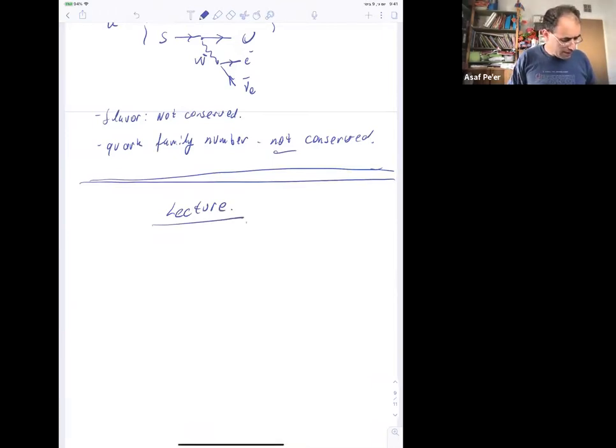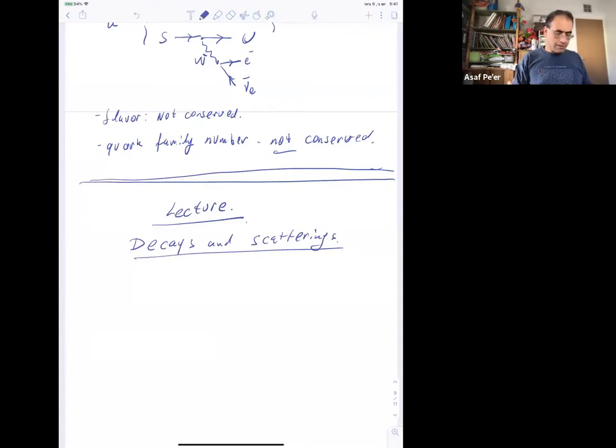Remember that last time we spoke about the general description of decays and scatterings. I introduced to you Fermi's golden rule, we discussed decays, so I had the Fermi golden rule for decay.